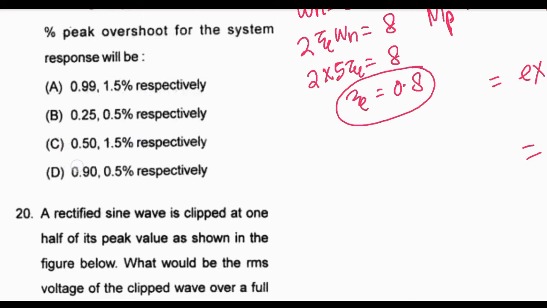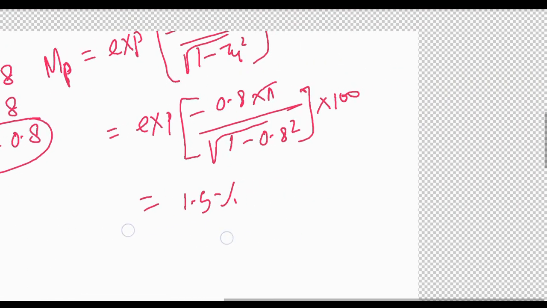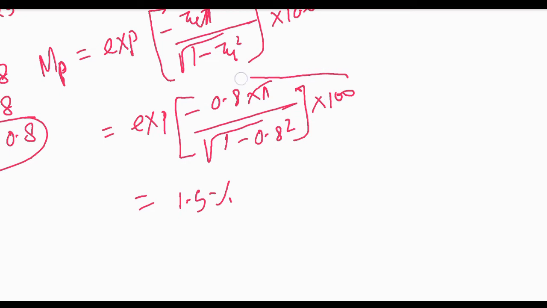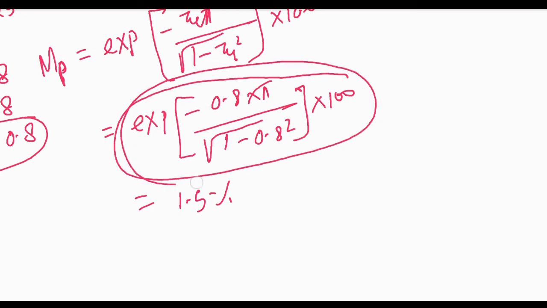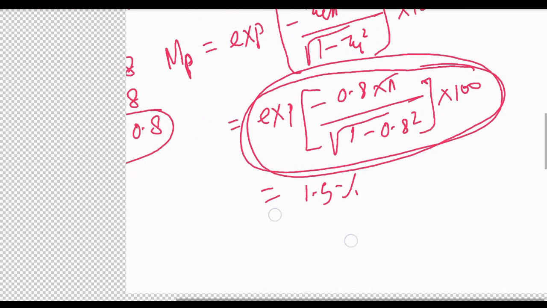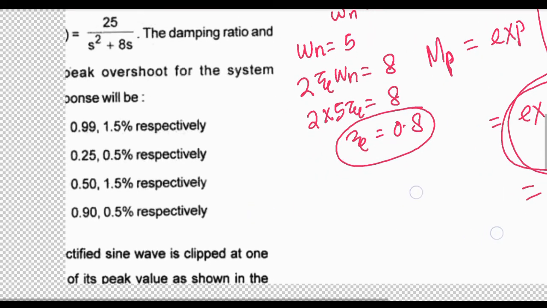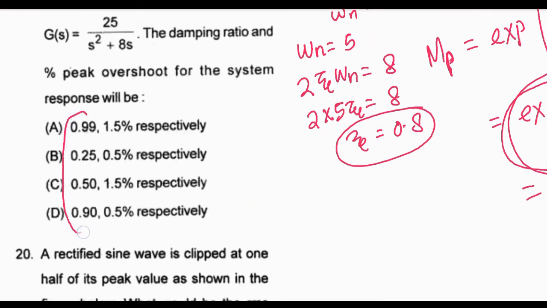because if we consider the Mp formula, this is only depending upon the zeta, and if we put zeta values, those given in the options, no zeta value will satisfy their respective Mp values or the maximum peak overshoot. If we put 0.99 at the place of zeta, this will not result 0.15, because 0.8 is satisfying with 0.15.